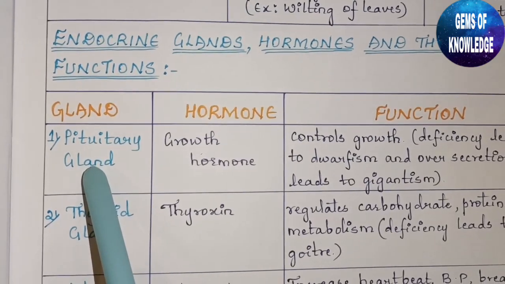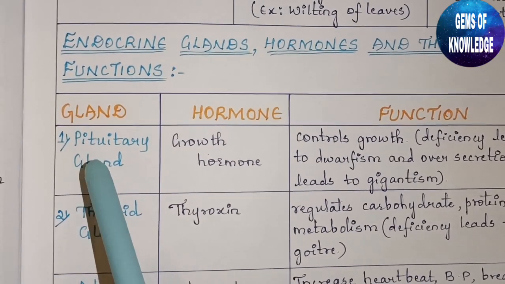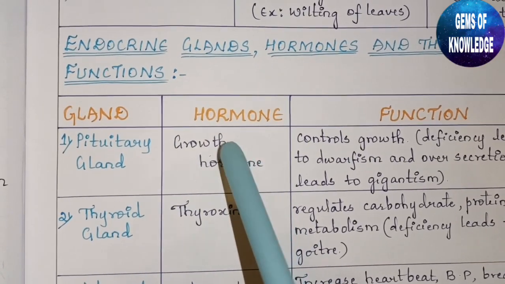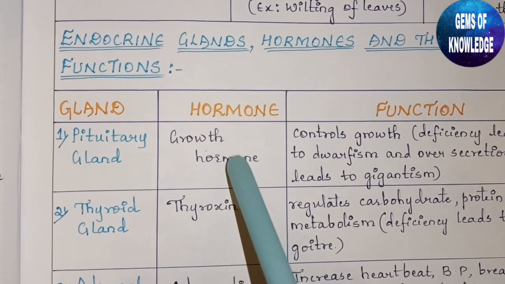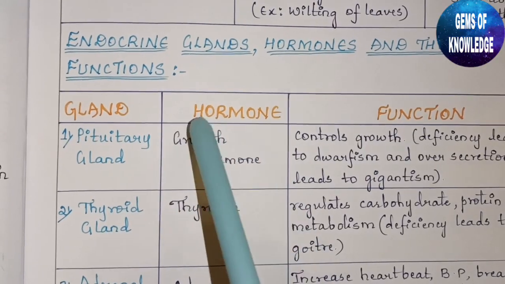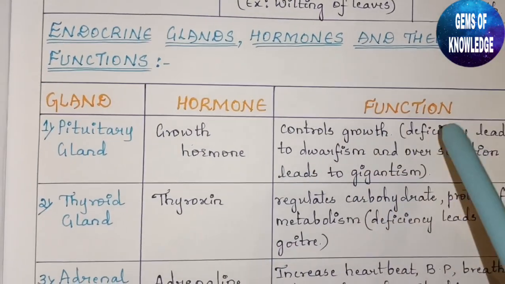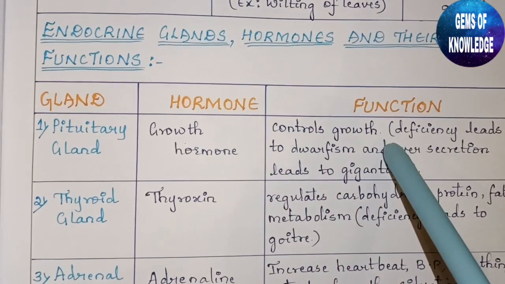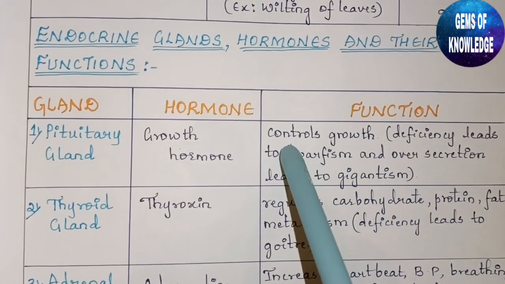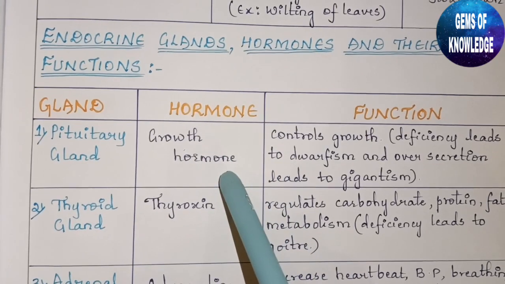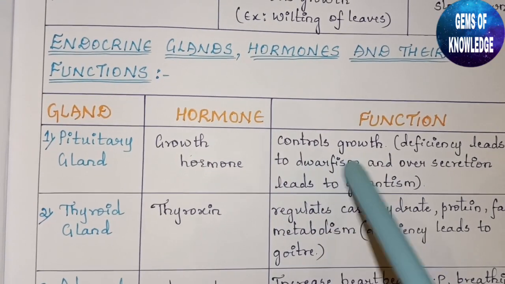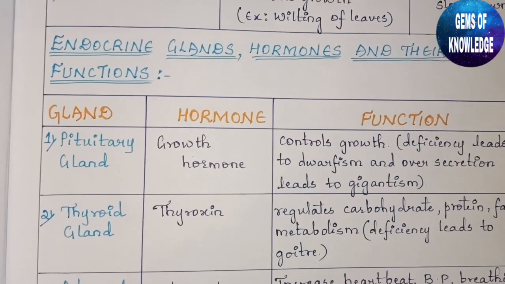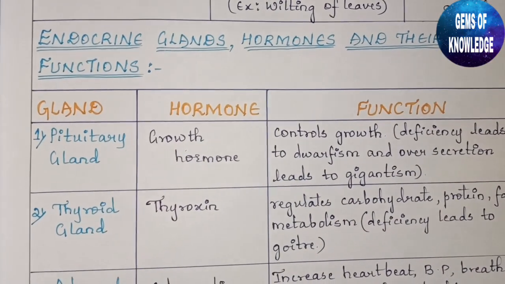First one is the pituitary gland, which is present in the brain. It produces the growth hormone. Growth hormone, by the name itself it suggests it helps in growth. So what is the function? It controls the growth. Controlling the growth means that if this hormone is deficient, if it is less in content, then we can have a disease called dwarfism, where the person will be short in height.